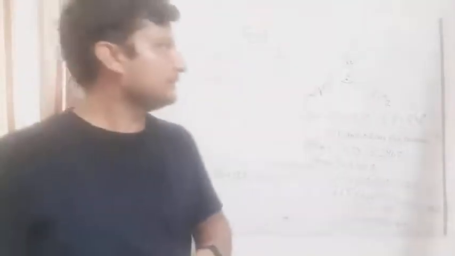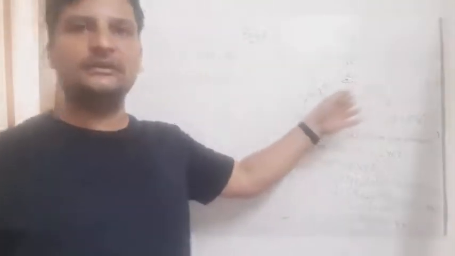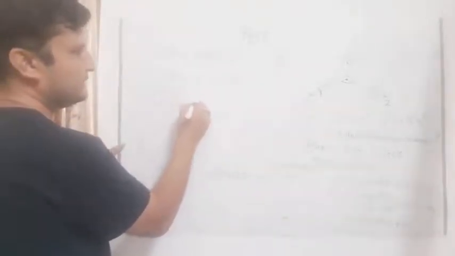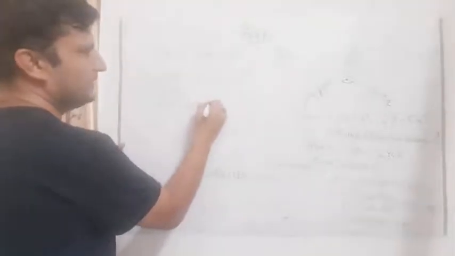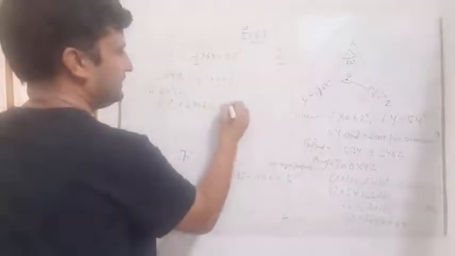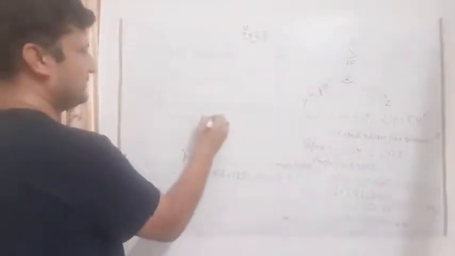Why have we done this? Because this is also a triangle. We can use the angle sum property again in this triangle. In triangle OYZ, 27 degrees plus angle YOZ, which we have to find, plus this angle, which is already 32 degrees, is equal to 180.